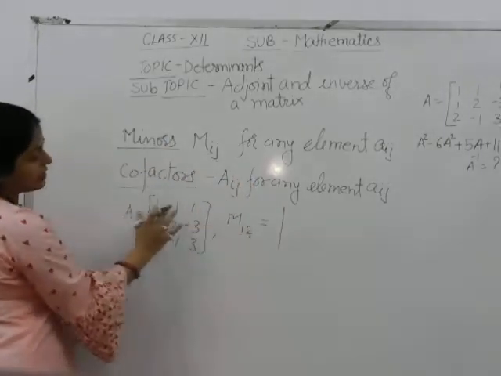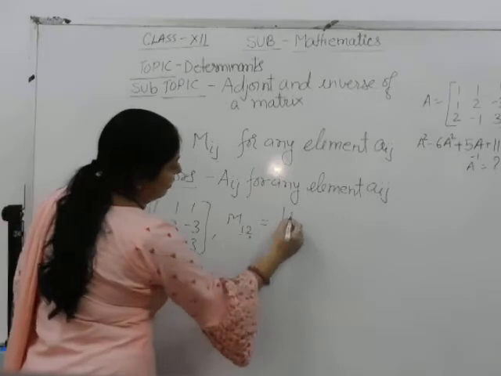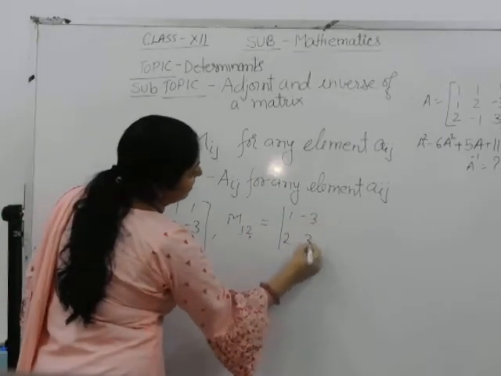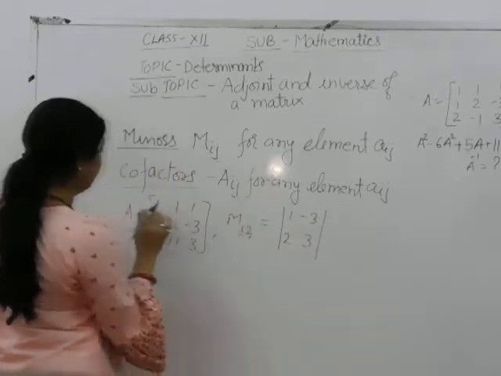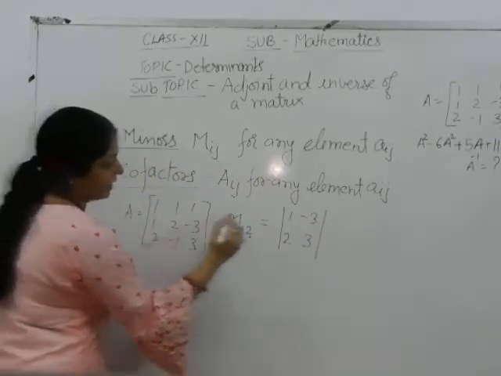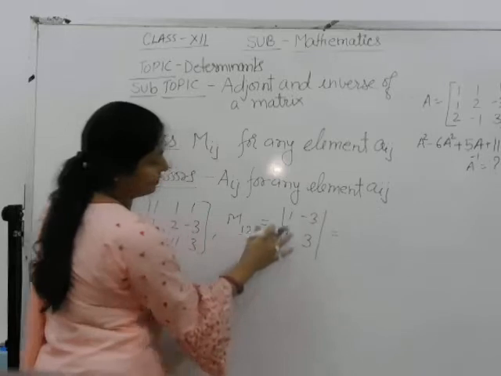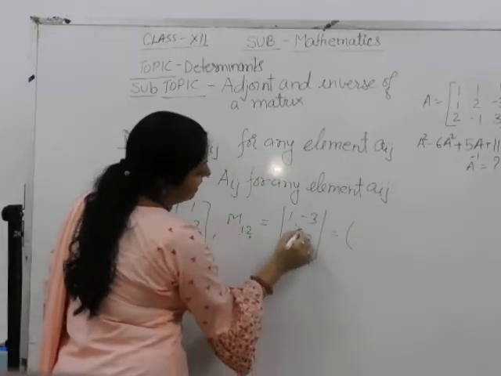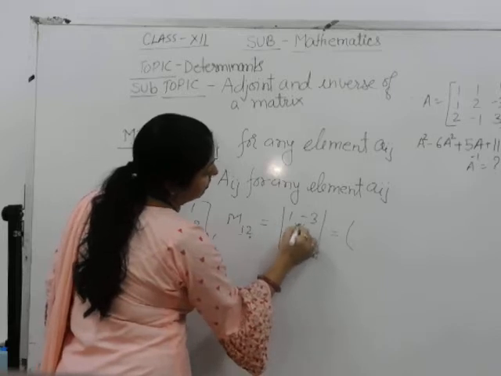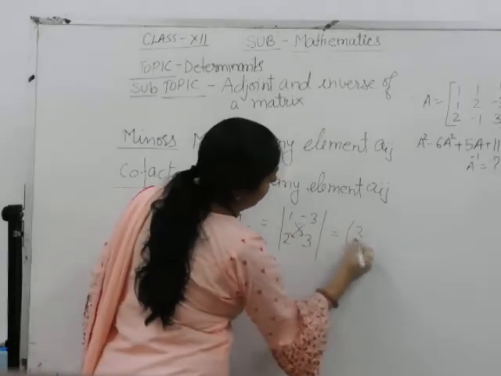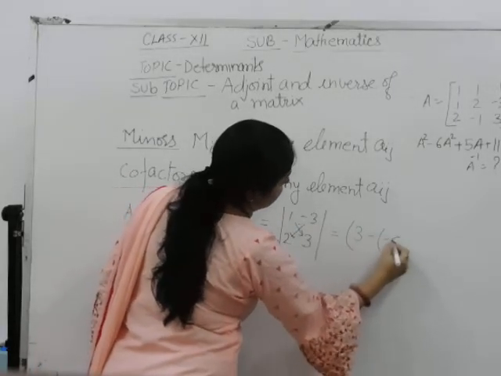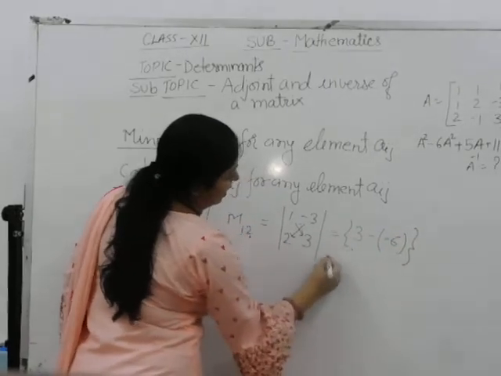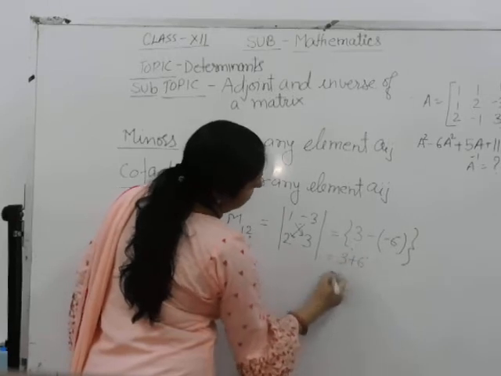By deleting the first row and second column, we obtain 1, 2 and minus 3, 3. This is multiplying this and this with a minus sign. This is 3 minus 6, 3 plus 6, which means 9.